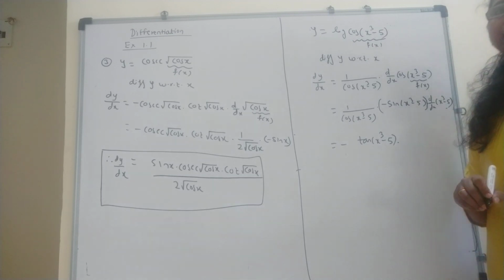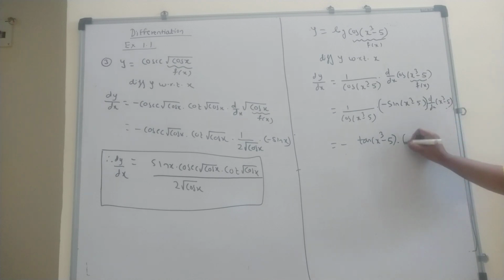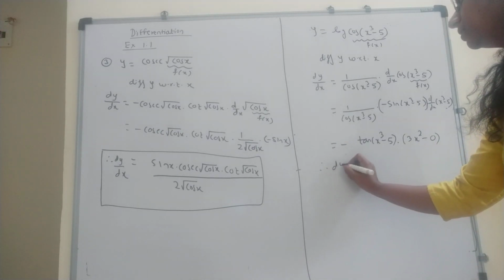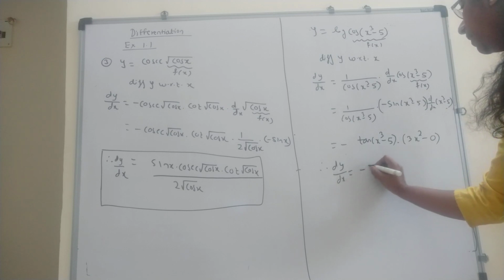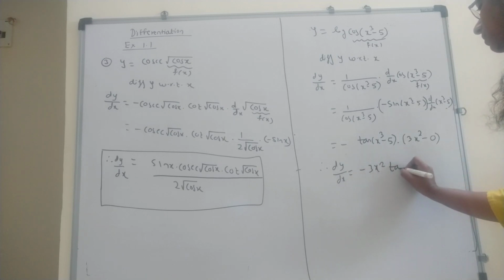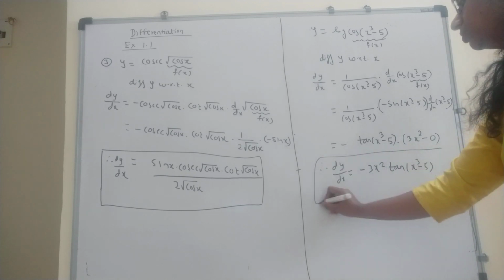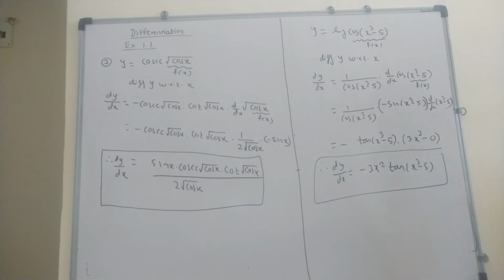Using that formula, derivative of x cube is 3x raised to 3 minus 1, that is 3x square. 5 constant, derivative value 0. And so finally dy by dx value is minus 3x square times tan of x cube minus 5. This is your final dy by dx form. Okay.